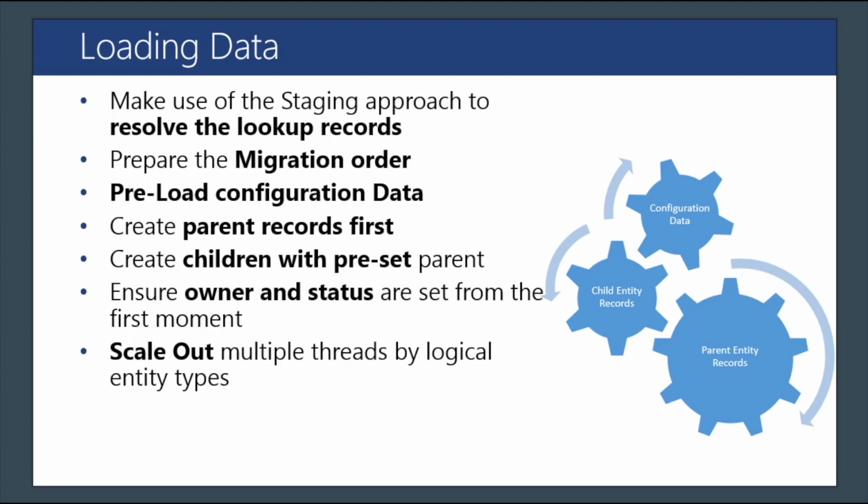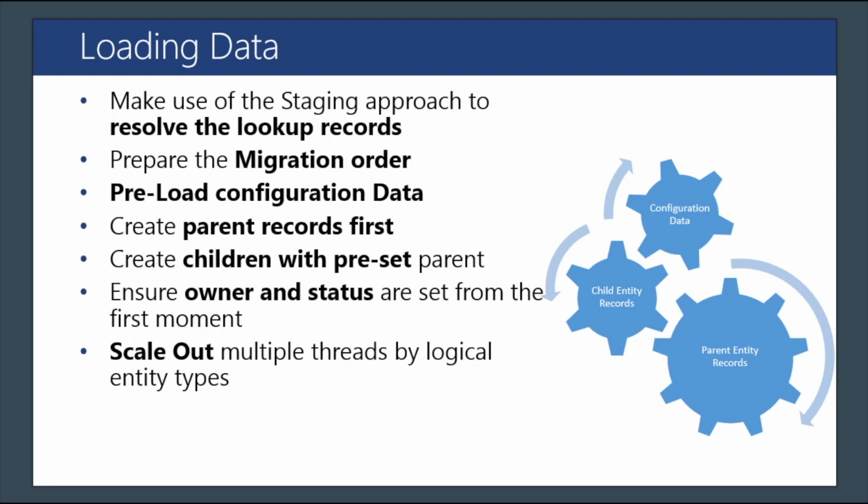Typically, you would preload any configuration data. You would create parent records first, and then migrate children after, with the parent record already present. Similar to owner and statuses of records.